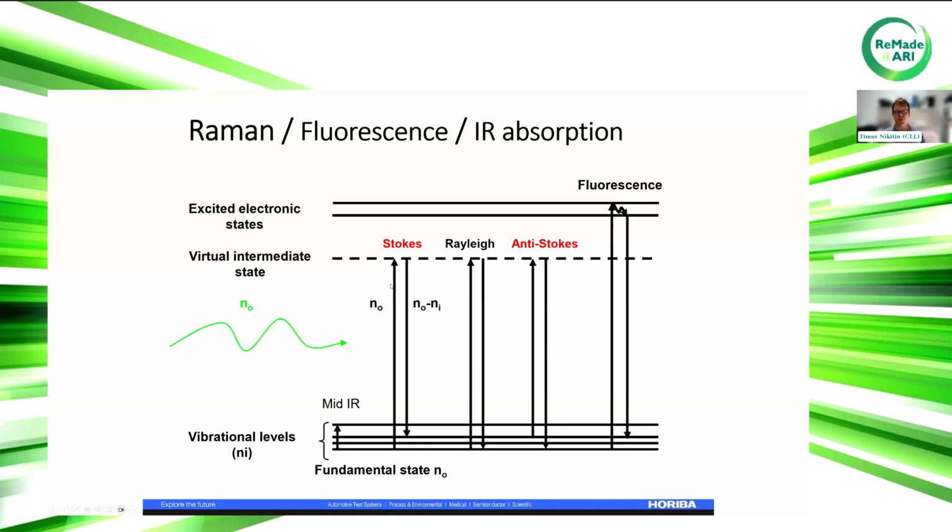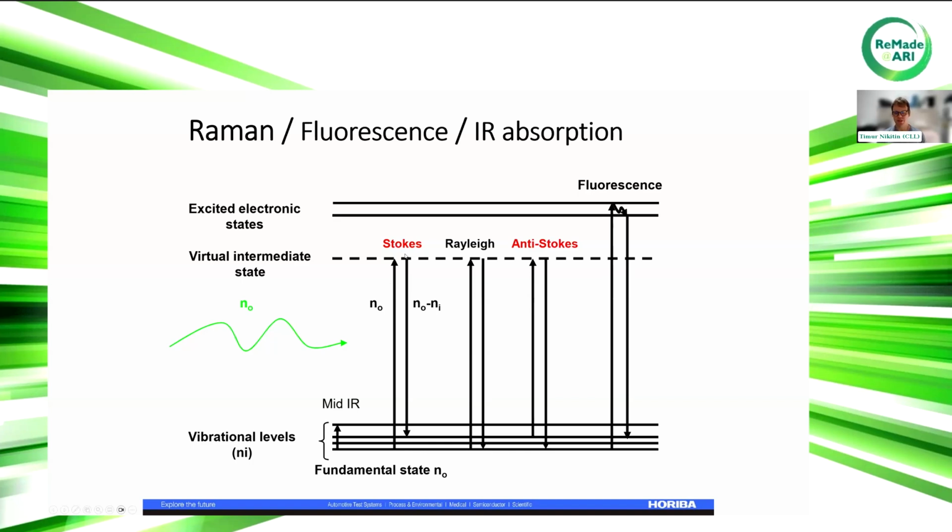And then the other process, which is much weaker, approximately one photon in a million, will have a slightly different energy from the energy of the laser, and the energy difference will correspond to the excited vibrational state of our system. This is Stokes scattering.